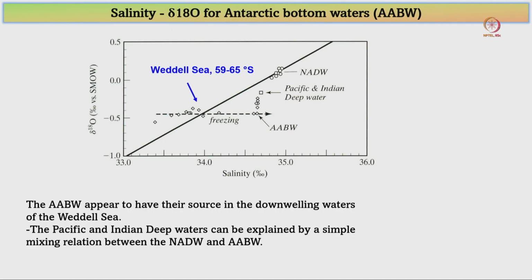For instance, here you see the North Atlantic deep water, and this is the data of the Antarctic bottom water. The double A is always for Antarctic; when it is for Arctic, it is single A. In the Antarctic, we see a variation which is mostly along the salinity axis.